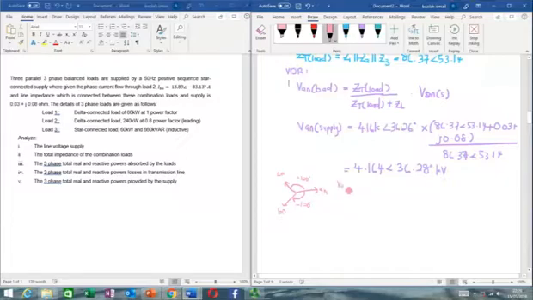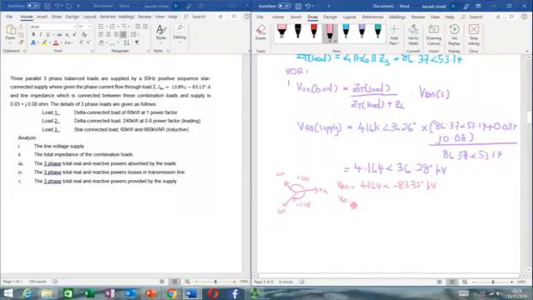So VBN is 4.164, and the angle will be negative 120 plus 36.28, so negative 83.72 kV.